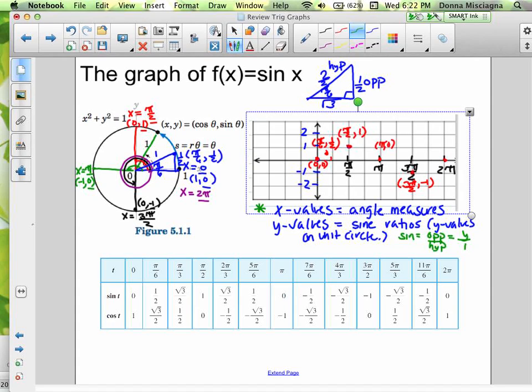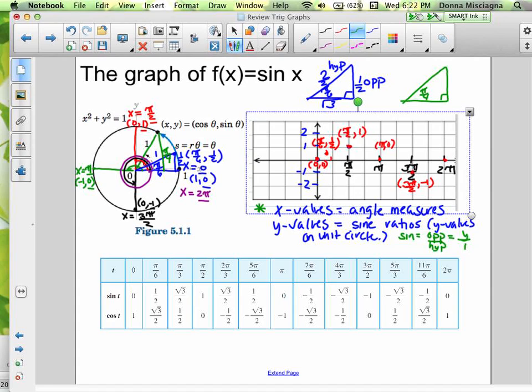We could also use this angle right here. What if I tell you that angle is pi fourths. Now if we think about pi fourths, that's the same as 45 degrees.